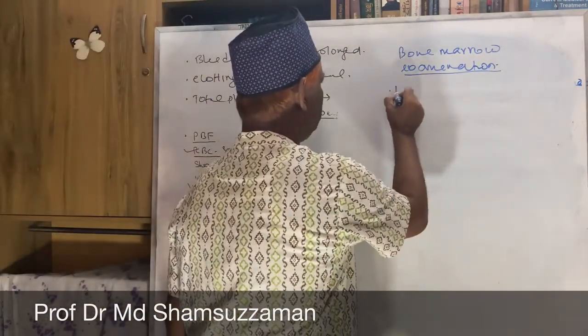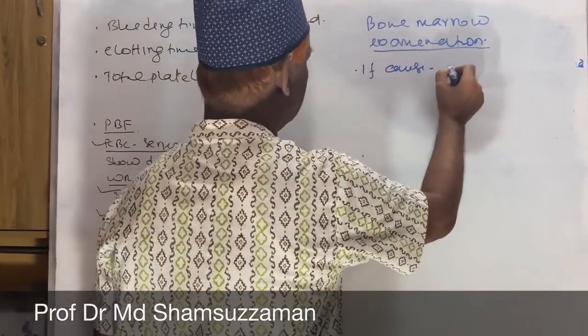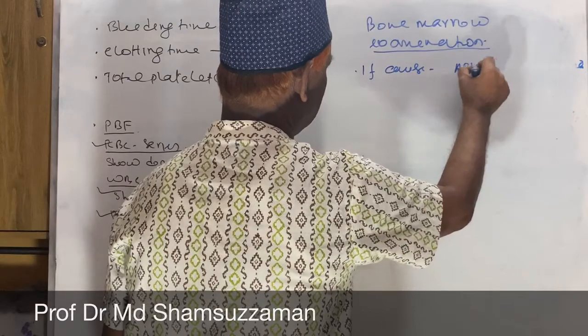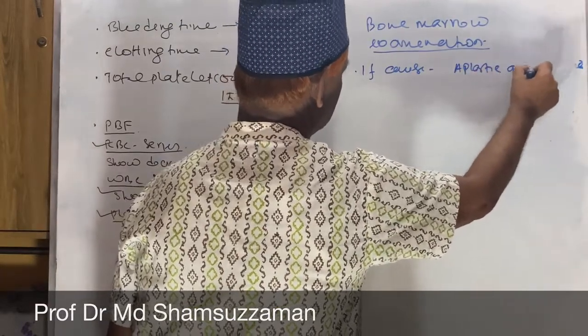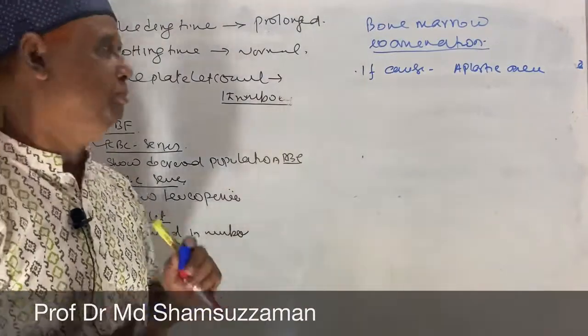If the cause of Pancytopenia is aplastic anemia, so bone marrow will show features of aplastic anemia.